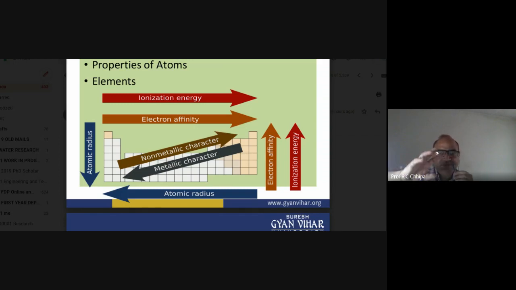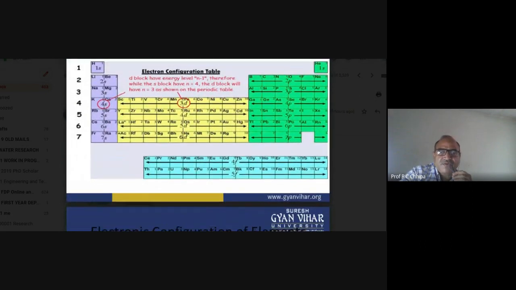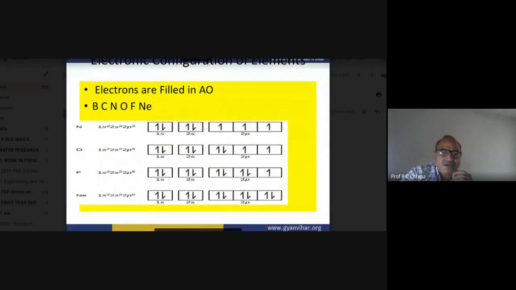So all these four atomic properties explain so many things. Hydrogen bonding can be explained. The liquid state, so many properties are. The oxide formation, which elements form the oxide, is easily explained based on the atomic properties. And then we have the most important one, the electronic configuration.